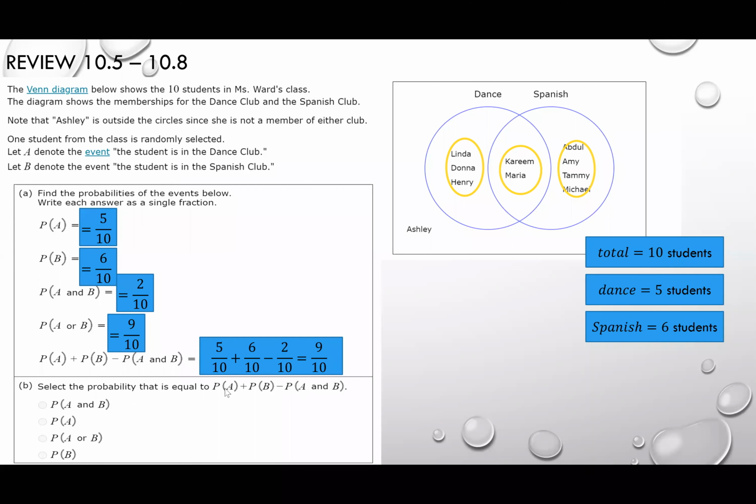That means the probability of A or B is equal to this formula. That's what they ask you to do in this item here. So one thing they ask you to do is look at the Venn diagram and identify what set we have.